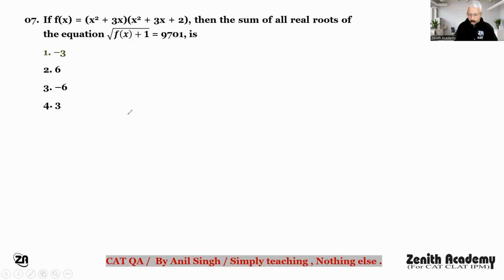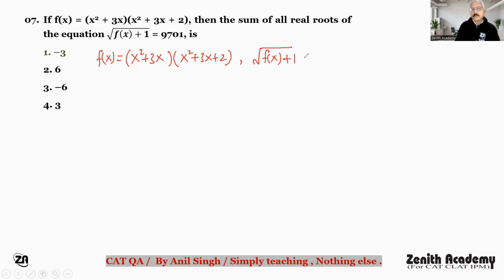Okay, so here f(x) is x square plus 3x into x square plus 3x plus 2. Then the real roots of square root of the function plus 1 equal to 9701 are required.